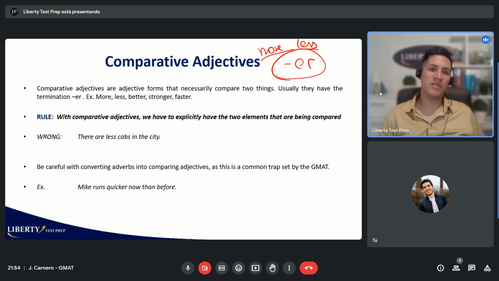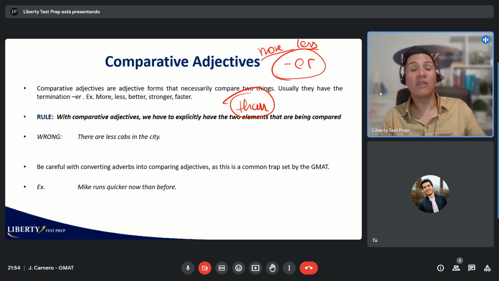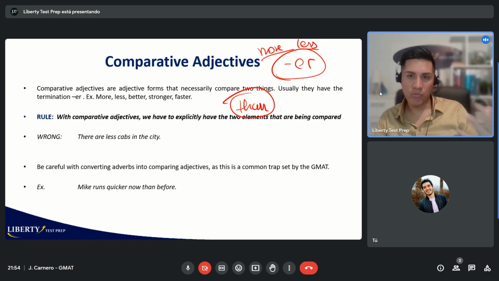The theory tells you that this is very easy. Whenever you have one of those comparatives, you need the word than. More than, better than, shorter than. If you don't have the word than, then that comparison is incomplete. You need the word than, and then you need the counterpart, the other part that you're comparing it with.